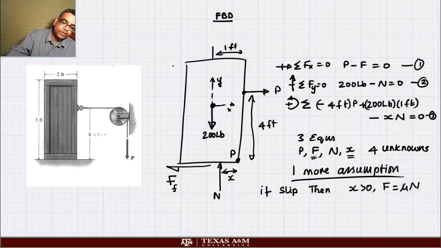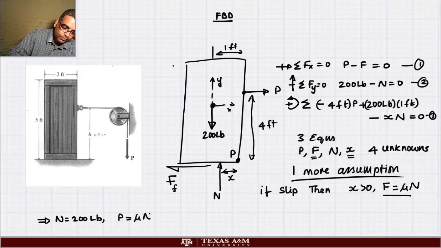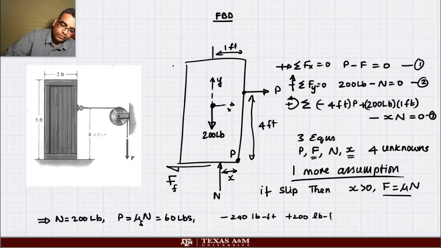So that's pretty easy. You can go substitute this, and if you substitute this, you will get N equal to 200, P equal to mu times normal, which turns out to be 60 pounds, and x equals, and you can solve this, minus 240 foot-pounds plus 200 foot-pounds plus x times 200, which implies x equals 40 over 200.